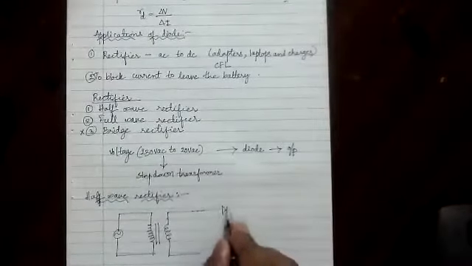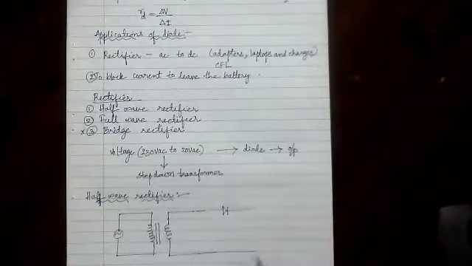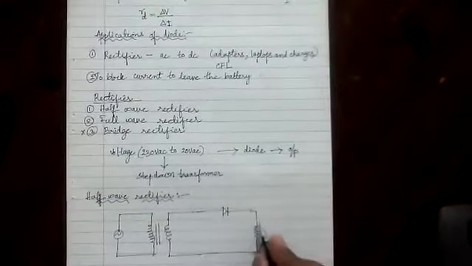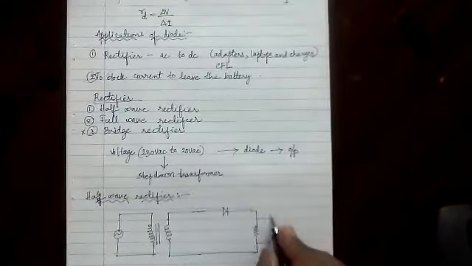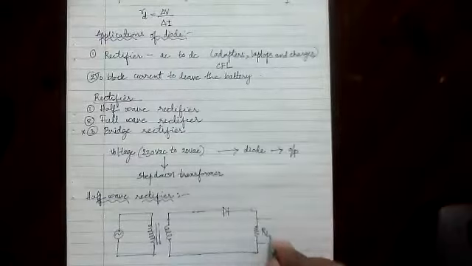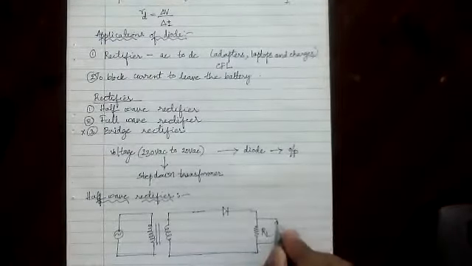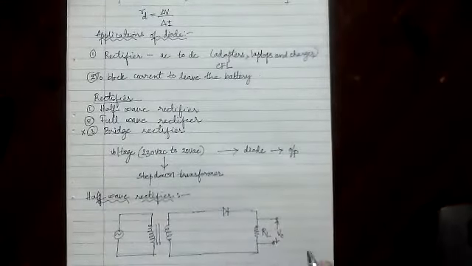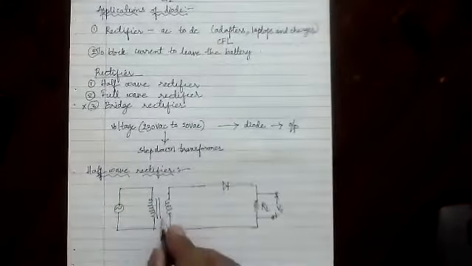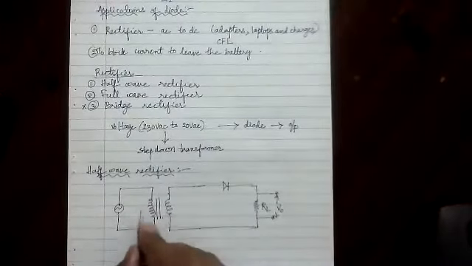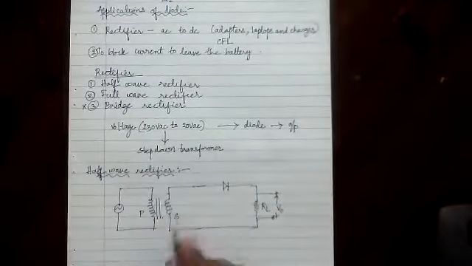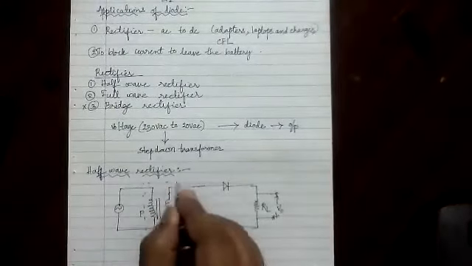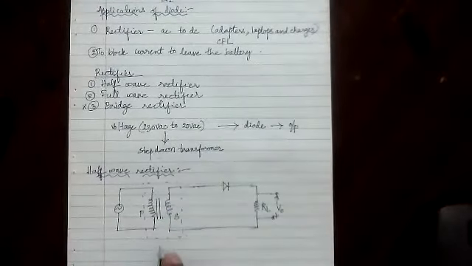This is a diode. This is the resistor and this is the output. This is RL, the load resistor, and this is the output voltage, VO. See once again, this is a transformer: a primary coil and secondary coil, and this whole setup is said to be a transformer.